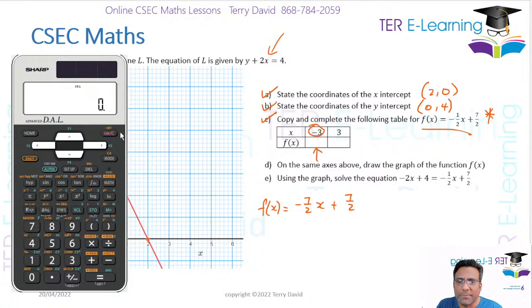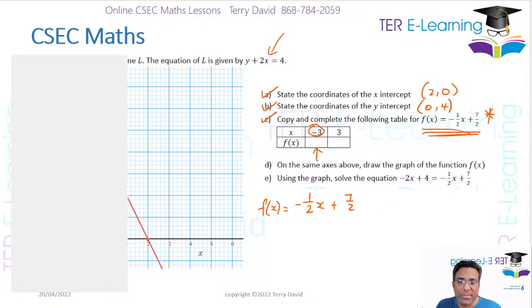Oh no, wait, hold on. I just wrote something wrong here. This is minus a half. It's minus a half x plus 7 over 2. Right? Sorry about that. So let's do this here now.